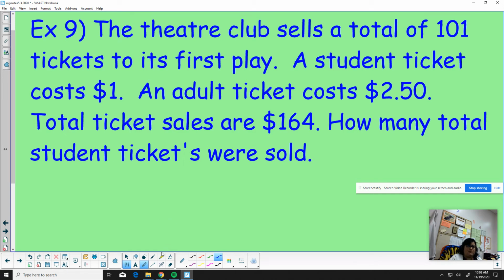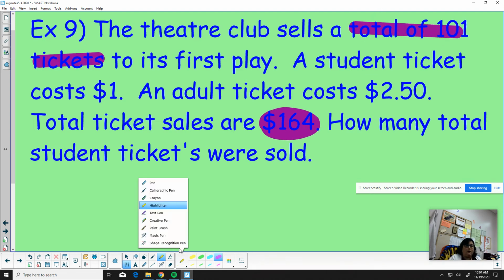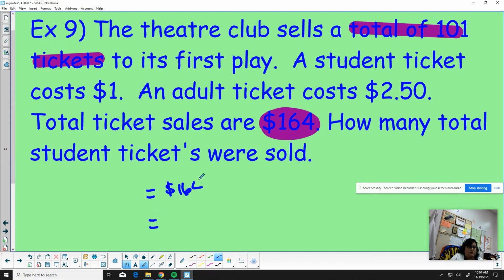Okay, what I see is two totals. There's a money total and there's a total number of tickets sold. So those are the two equations I'm going to have. So I'm going to have a money equation and a total number of tickets equation. So let's do the money one first. So student tickets cost $1. So 1x, I'm going to make x the student tickets.